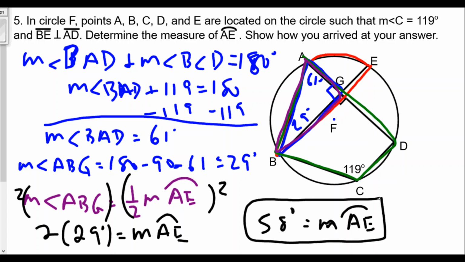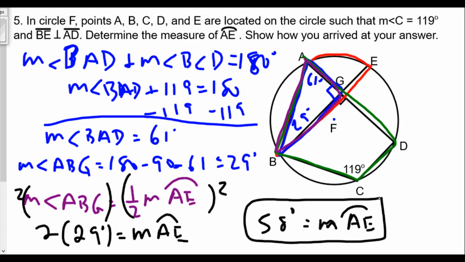So here it seemed like there were a lot of different things, but the first thing we want to focus on, if we're dealing with arc AE, is to see which inscribed angle intercepts it. And maybe we find that angle measure. We should be able to help find the arc that it intercepts. And so here we also have to use our knowledge of when we have a quadrilateral that's inscribed in a circle.